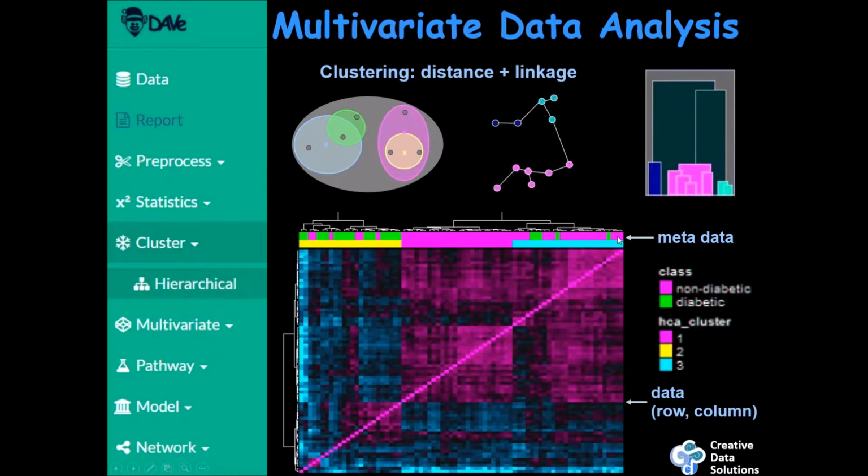Here, this top row shows who is diabetic and who is not. We see a pretty nicely defined part of the cluster that is mostly diabetics, but there are some misclassified samples, some non-diabetics. Similarly, over here there's a large cluster of non-diabetics with some diabetics in it as well. These are individuals whose profiles look like the other class.